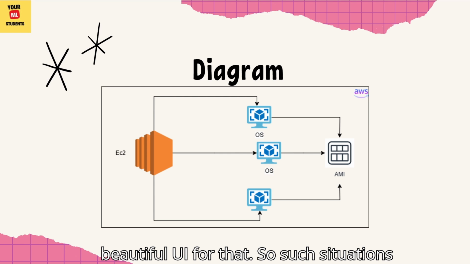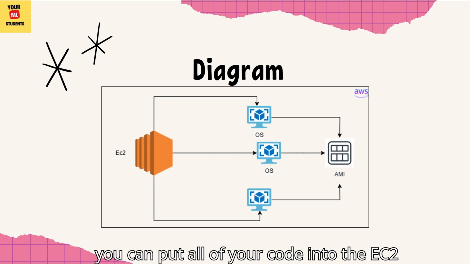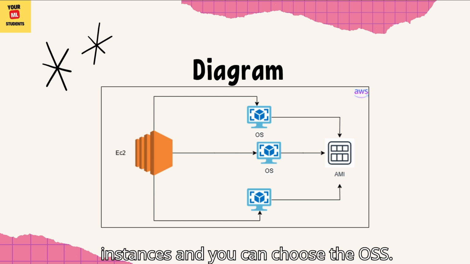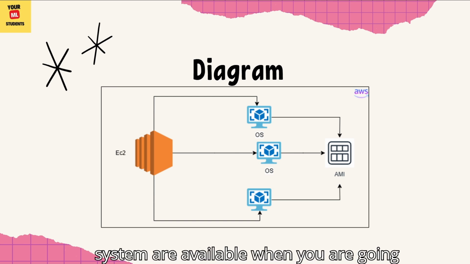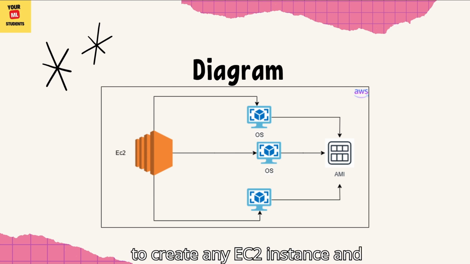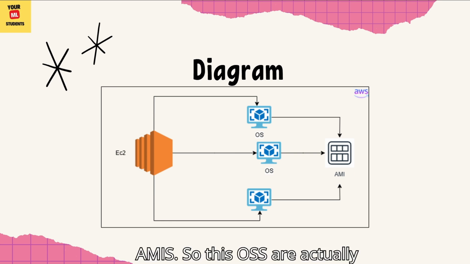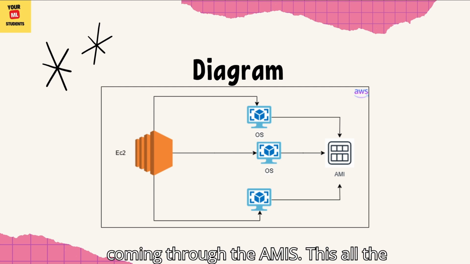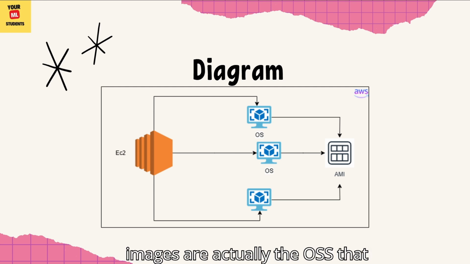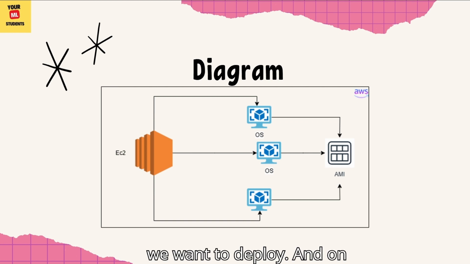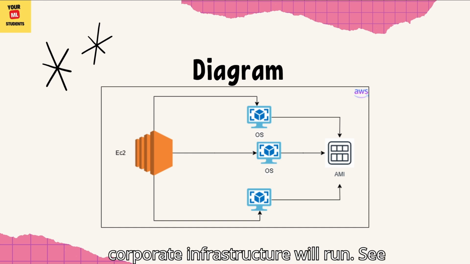In such situations you can put all of your code into the EC2 instances and choose the OSs. There are different operating systems available when you create any EC2 instance, and there you can find AMIs. So these OSs are actually coming through the AMIs. All these images are the OSs that we want to deploy, and on that OS your code, your complete infrastructure will run.